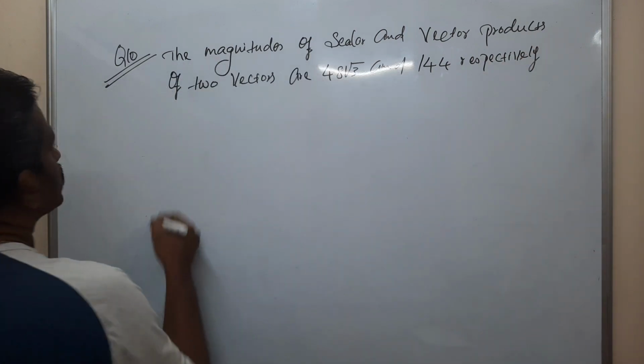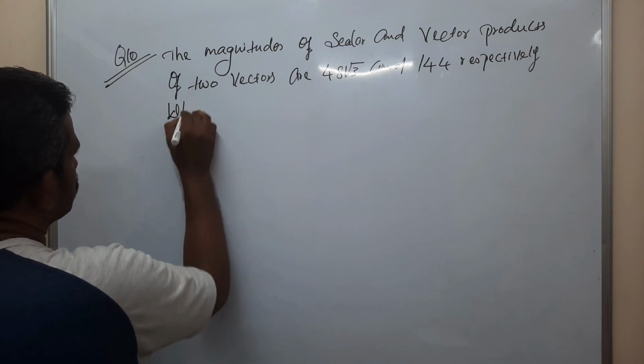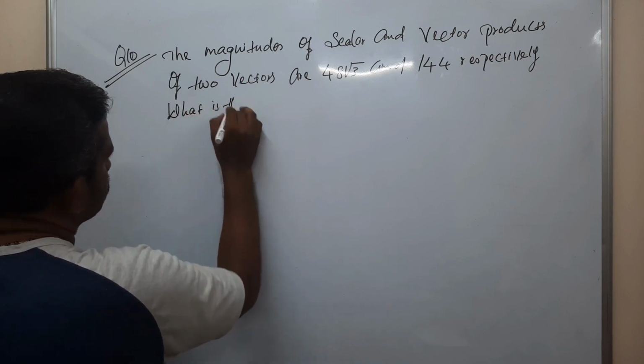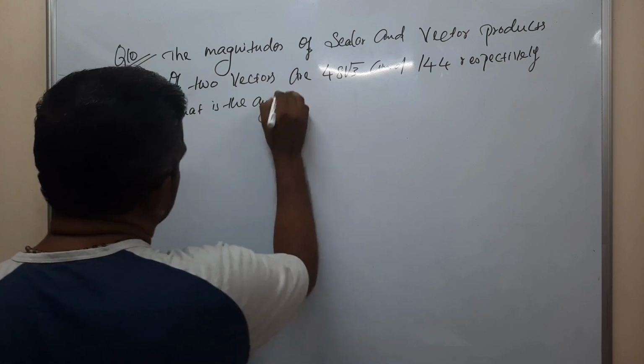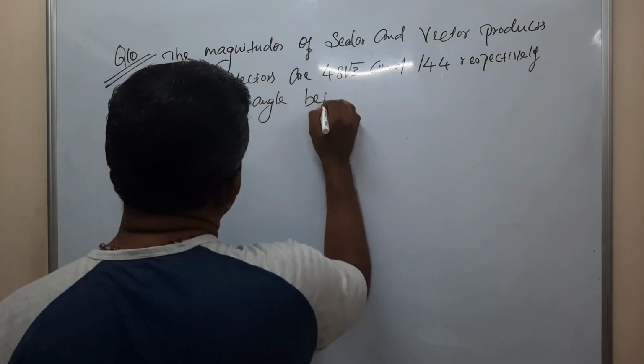What is the angle between the two vectors?